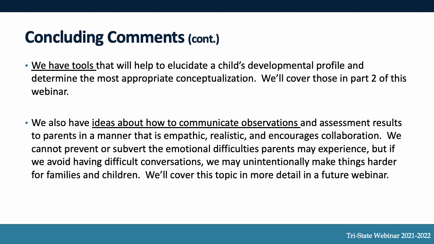As I mentioned, next time we will talk about the tools that are at our disposal to try to understand a child's developmental profile, and we will in the future also talk about some different ways to share your observations with parents that is empathic, realistic, and encourages collaboration and a sense of hope.